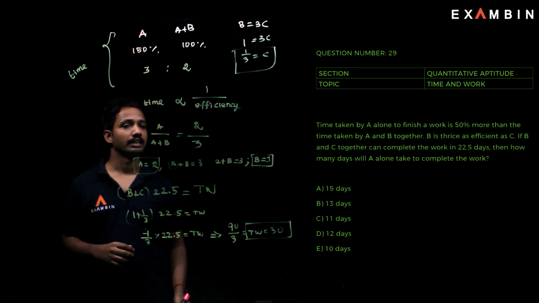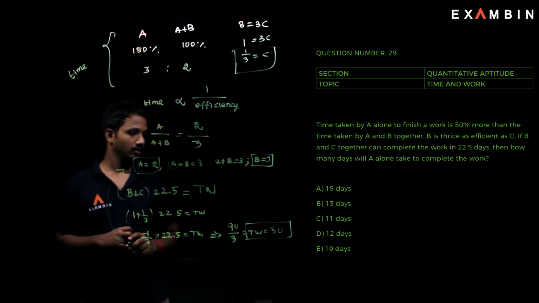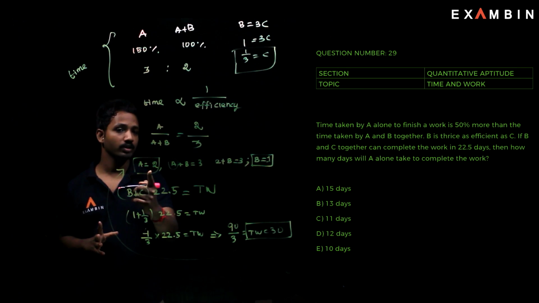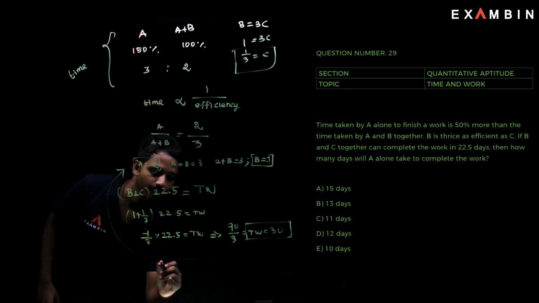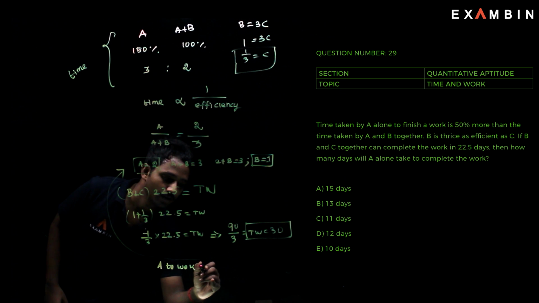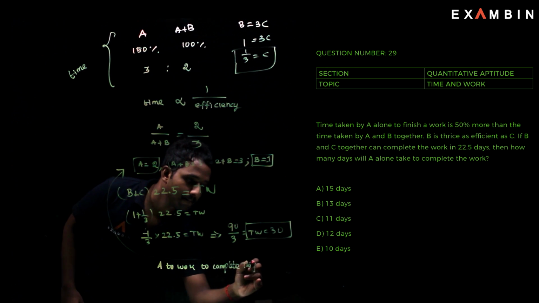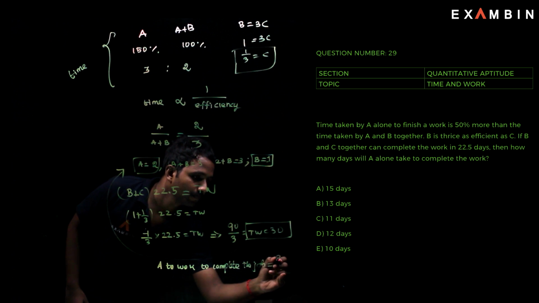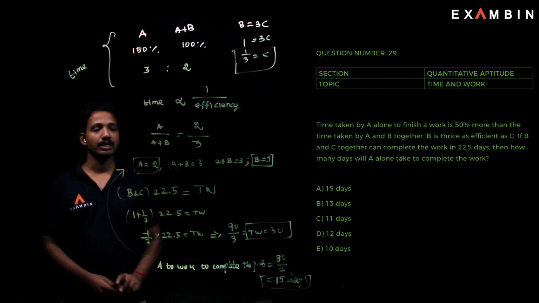The total work is 30 and A will complete 2 parts of the work in a day. So 30 divided by 2, 15 days.